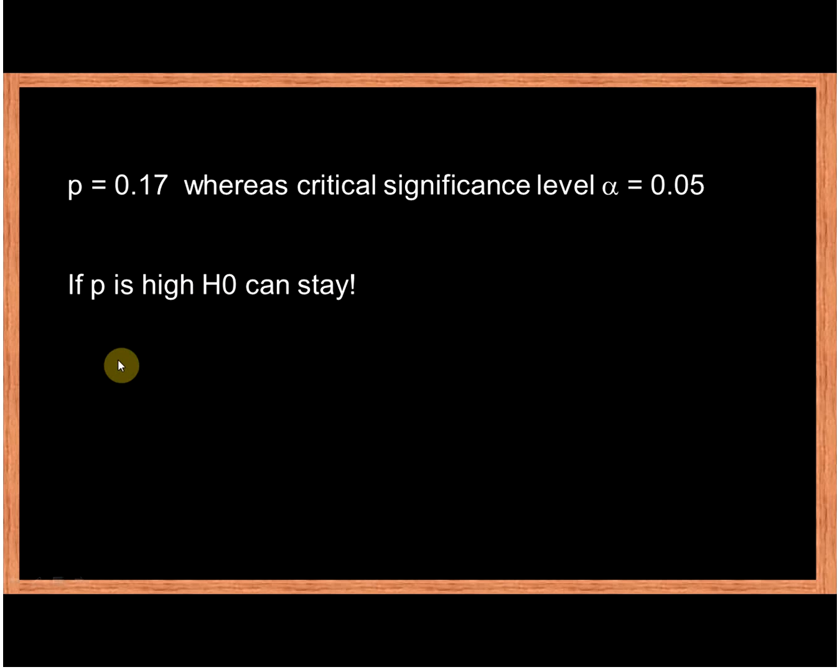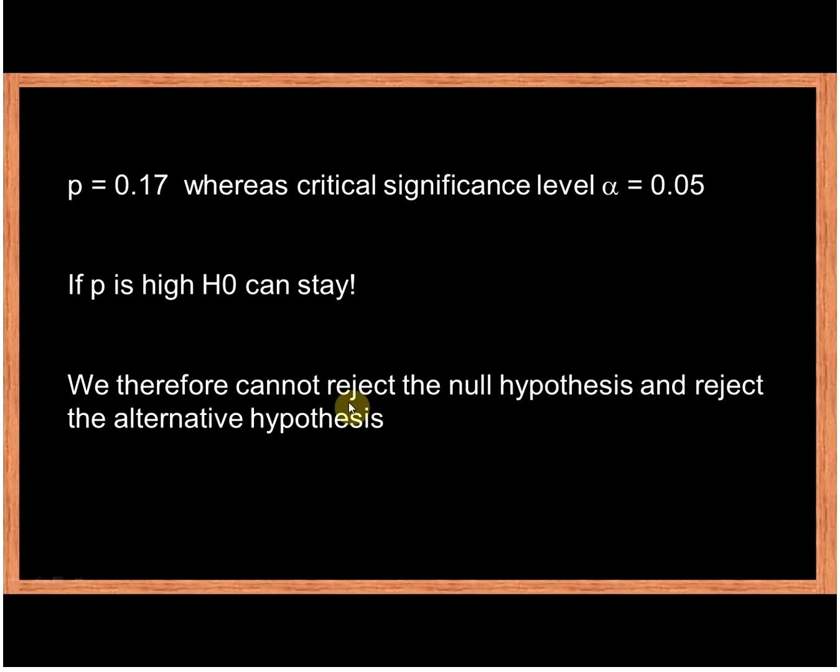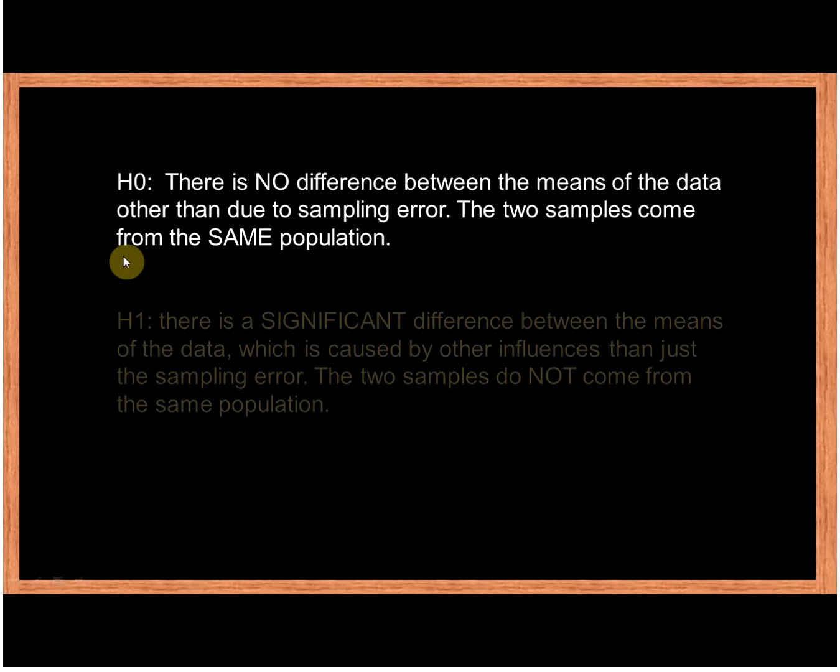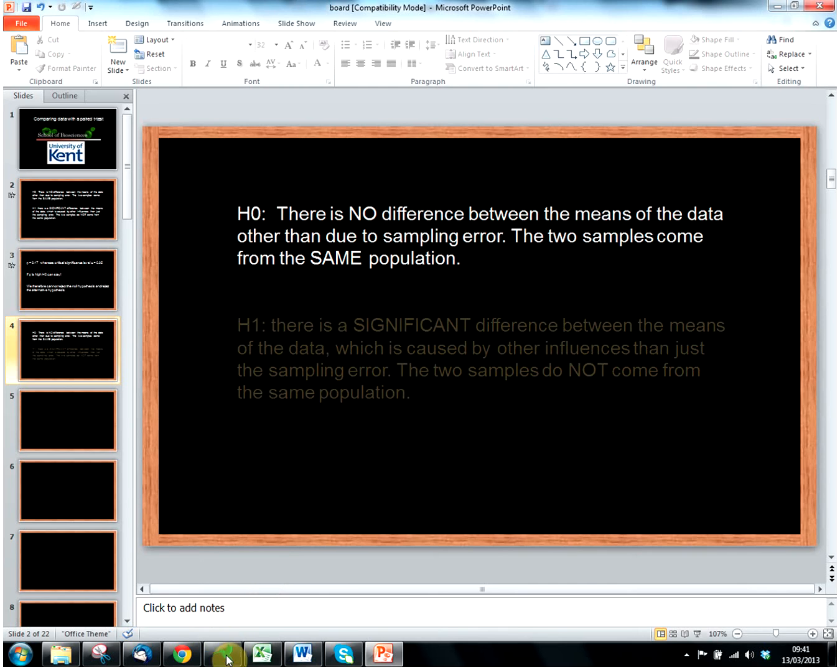Sorry for the funny accent, but it helps me to remember that if p is higher than alpha, we cannot reject the null hypothesis, but we can reject the alternative hypothesis. So in other words, we can say there is no difference between the means of the data other than due to sampling error.